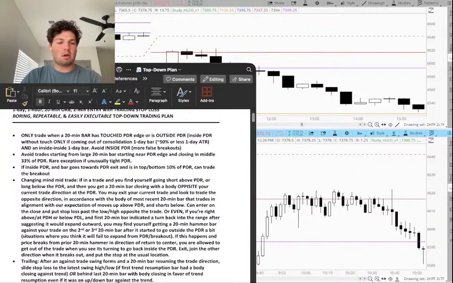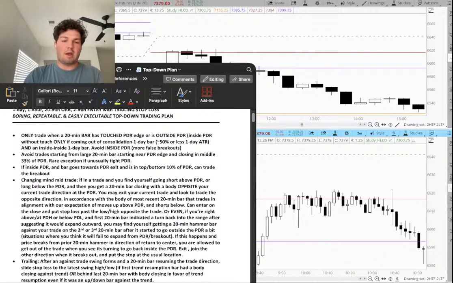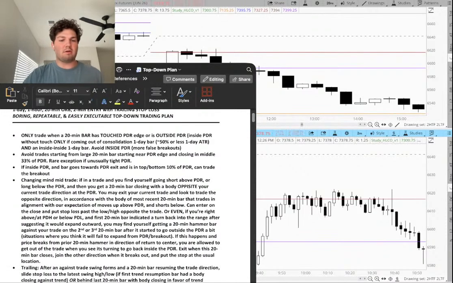Exit when the 20-minute bar closes, and join the other direction when it breaks out, and put stop at the usual location.